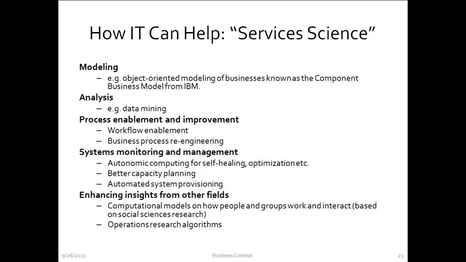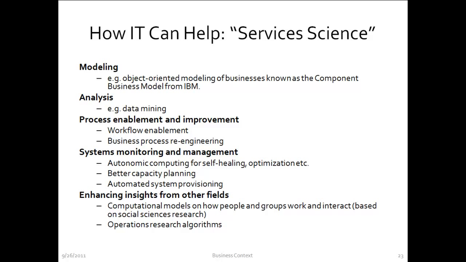This concept was applied by IBM in a body of work known as the CBM, or the component business model. We won't go into the component business model in this class, but if you can, Google it. Essentially, what IBM did was create a prototypical object-oriented model of each and every kind of business.